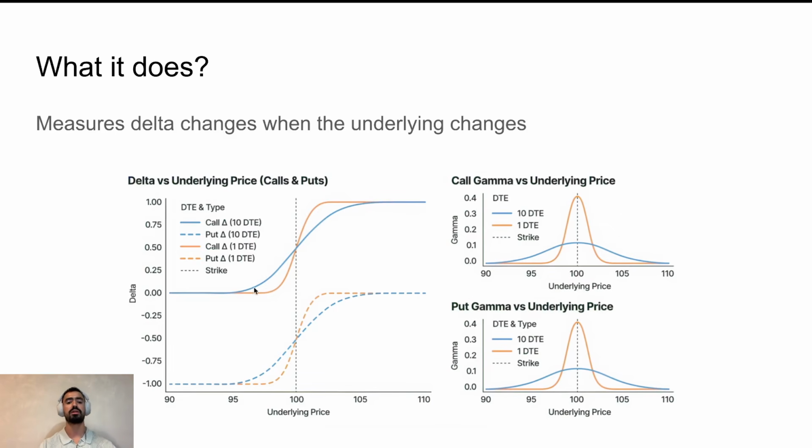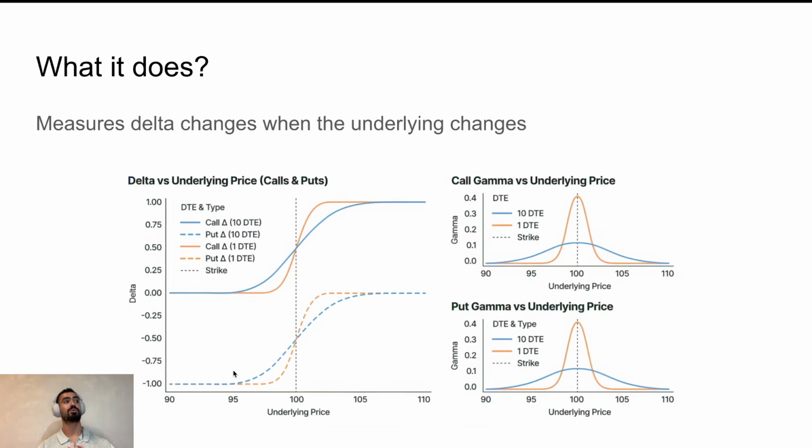The blue line here is 10 days to expiration, and the orange line is 1 day until expiration. The slope keeps increasing as we approach expiration. The faster the delta is going to move to 0 as it gets out of the money, and the faster the delta is going to move to 1 as we get in the money.